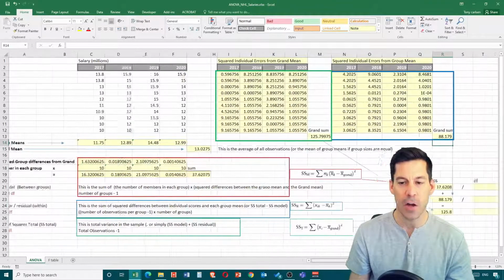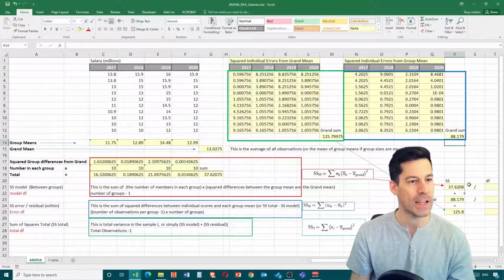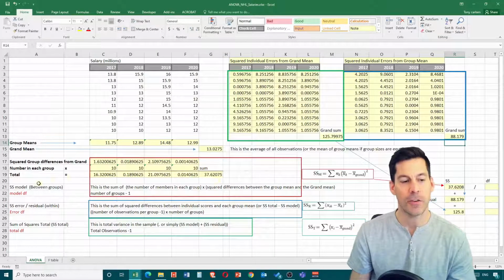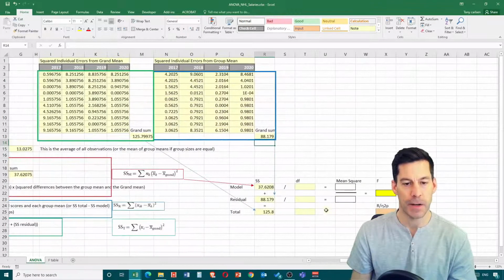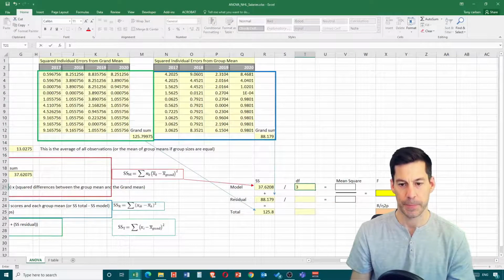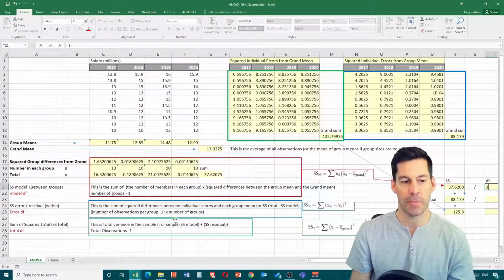The next thing we need to know is the degrees of freedom for each of these values. So, in terms of the model degrees of freedom, this ends up being the number of groups minus 1. So in this case, I have 4 groups minus 1. My degrees of freedom is 3. In terms of my residual degrees of freedom, that's the number of observations per group, which is 10, minus 1, so 9, times the number of groups, 4.